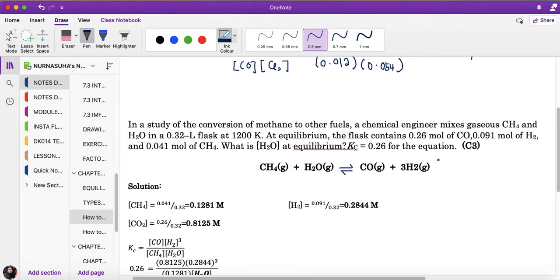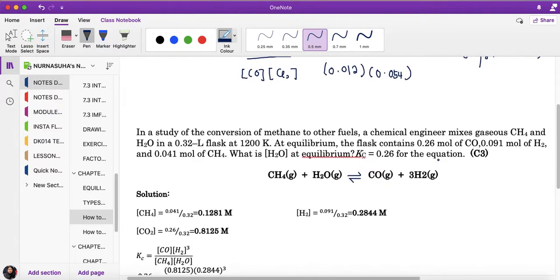In a study of conversion of methane to other fuels, chemical engineer mix gaseous CH4 and H2O in a 0.32 liter flask at 1200 K. At equilibrium, apabila sistem sudah seimbang, this word very important.